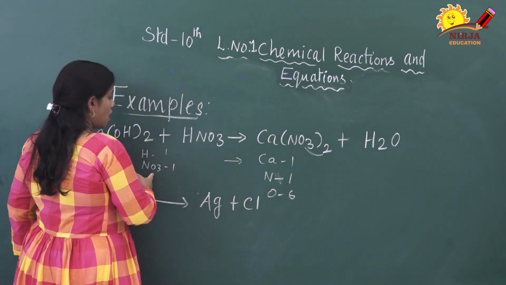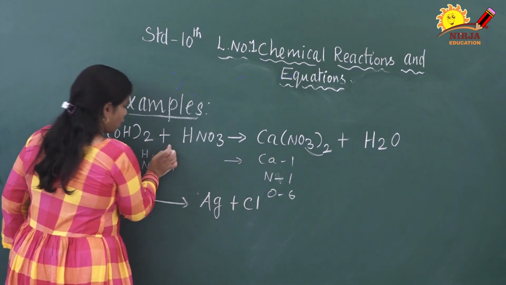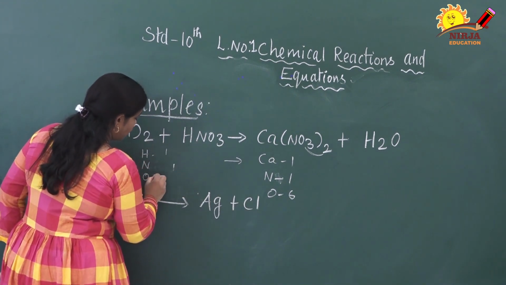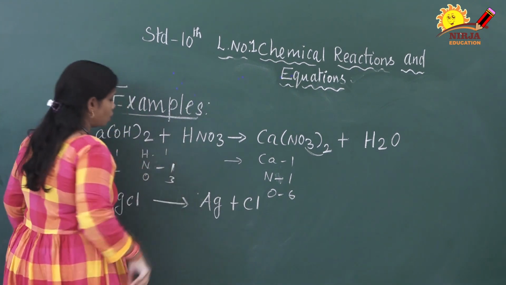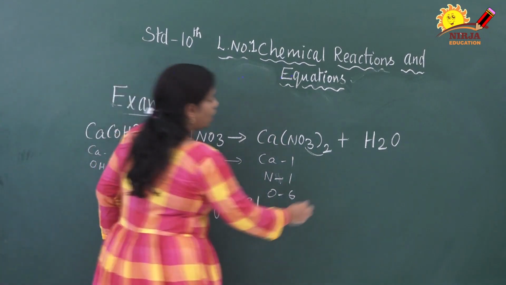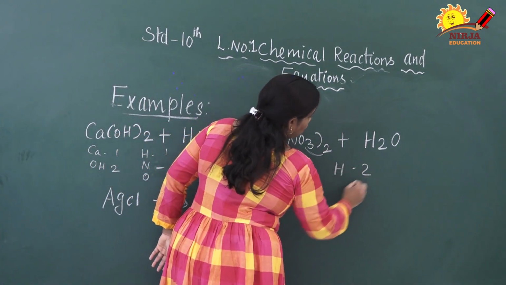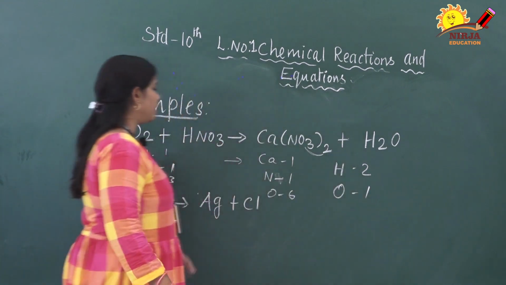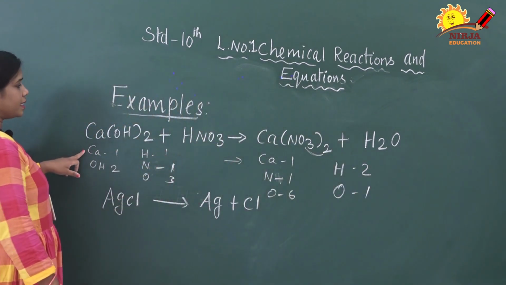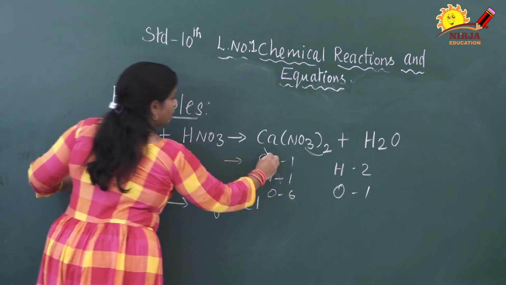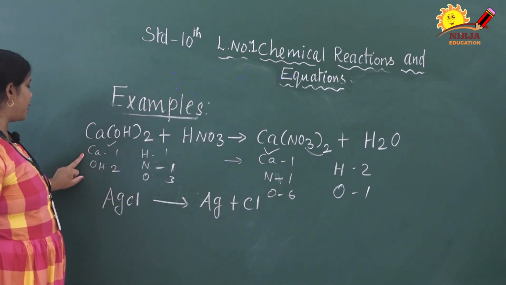But here oxygen is 3. If I separate only, I am writing, O is 3. Nitrogen is 1. Then along with that here hydrogen is 2, oxygen is 1. We have to balance. Now the calcium 1, so no problem, calcium also 1 in the product side.